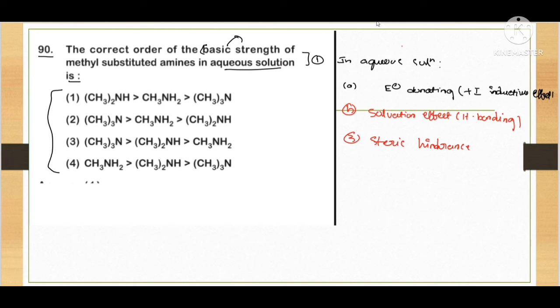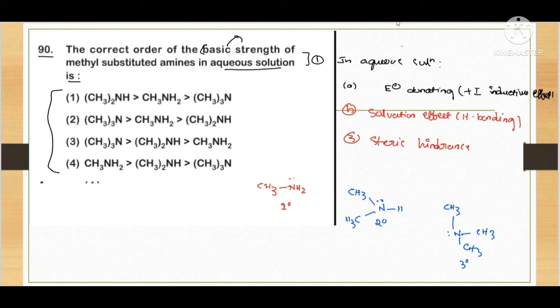Firstly, draw the structures of primary, secondary, tertiary amines. Here, CH3-NH2 containing a lone pair of electrons. This is a primary amine. The secondary amine structure is CH3-N-H-CH3, with a lone pair of electrons. This is called a secondary amine. The tertiary amine structure is CH3-N with a lone pair of electrons, bonded to CH3 and CH3.